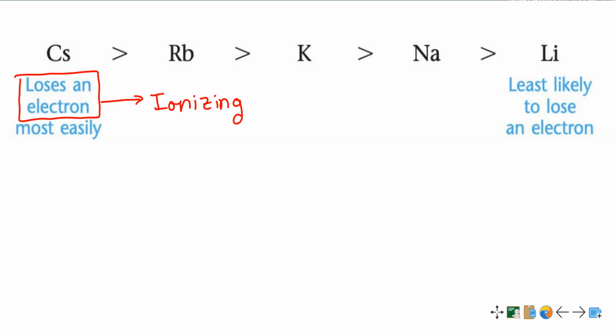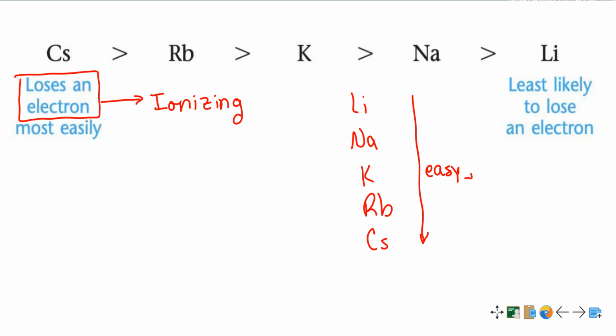Okay? And this is actually down a column. Lithium is at the top of the column, then it's sodium, potassium, rubidium, and cesium. So it gets easier. It would help if I spelled words correctly. Easier to lose an electron as we go down a column. And that has to do with its size. The bigger the element gets, the weaker the attraction between the valence electrons and the nucleus.